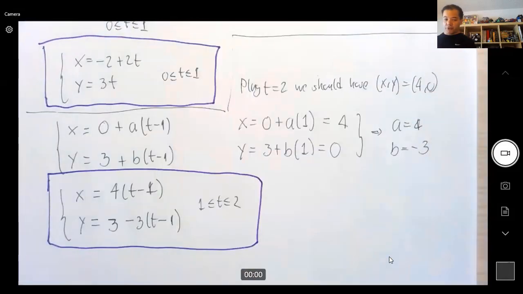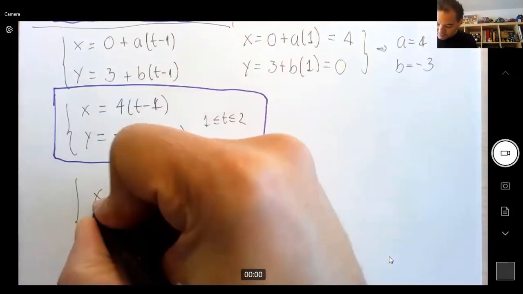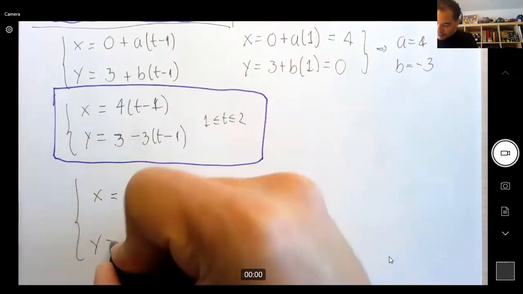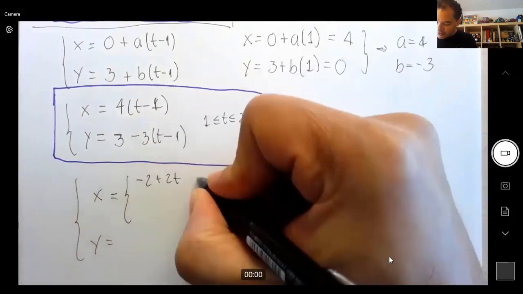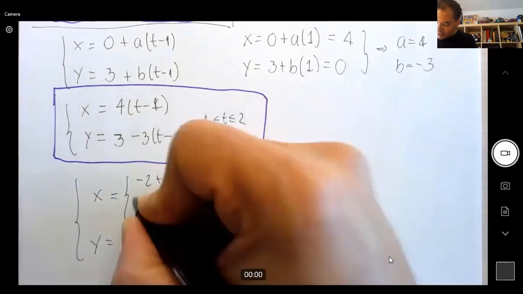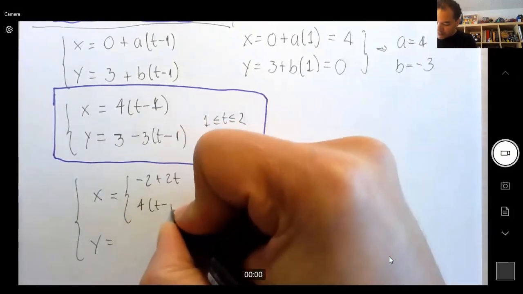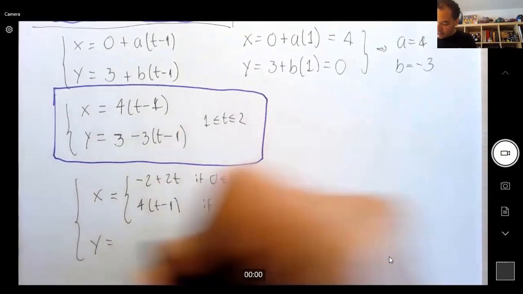If you want to write them together, you can write them like this. So x is negative 2 plus 2t if 0 less than or equal to t less than or equal to 1, or 4 times t minus 1 if 1 less than or equal to t less than 2.